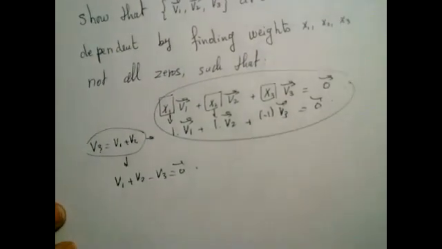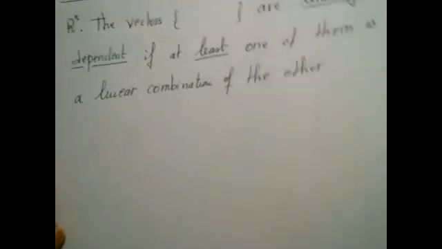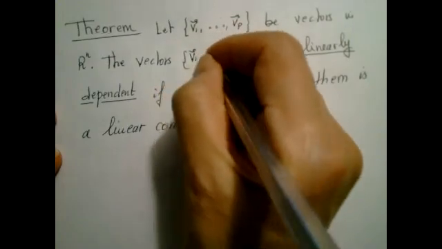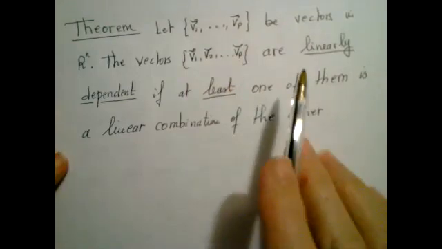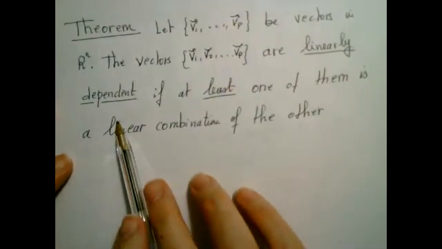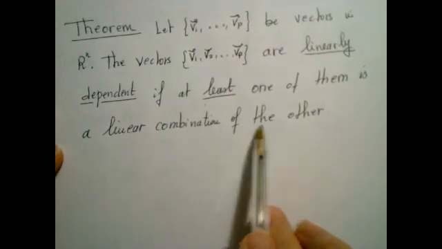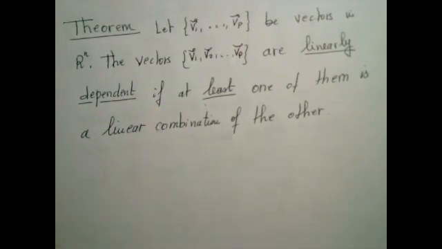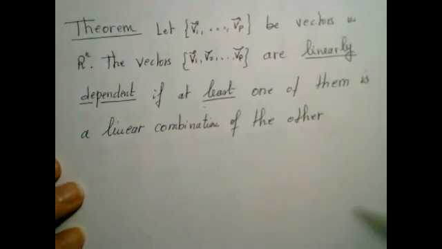So, conclusion. Suppose we have a bunch of vectors in Rn. Then the vectors are linearly dependent if at least one of them is a linear combination of the others. This theorem is used only to understand the concept, not for algorithmic purposes, not to show linear dependence, but to understand it.